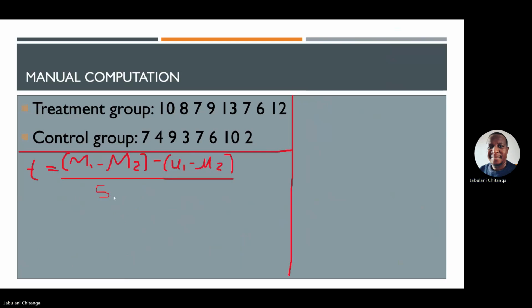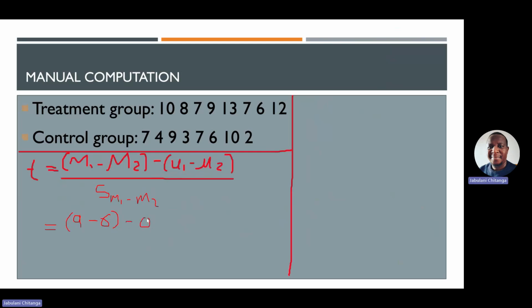So this is our formula. Excuse my writing again. Now we need to complete it. M1 is 9, remember, minus 6. And then this is going to be 0, because our null hypothesis mentioned that there's no significant difference.